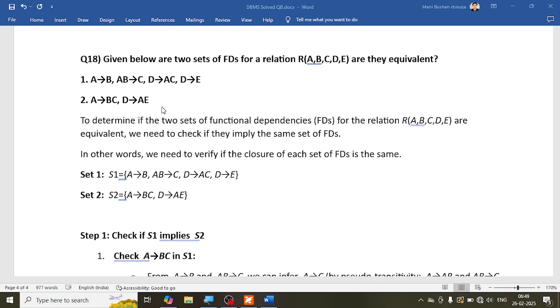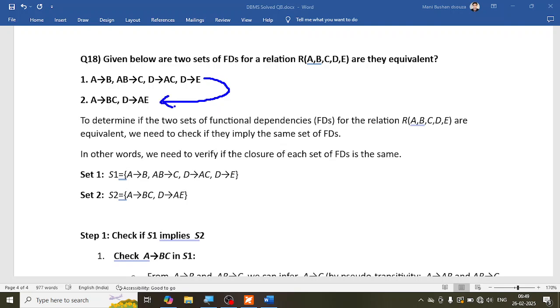So how do we prove that? The way in which we prove it is we say that using the first set of dependencies we can derive the second set.